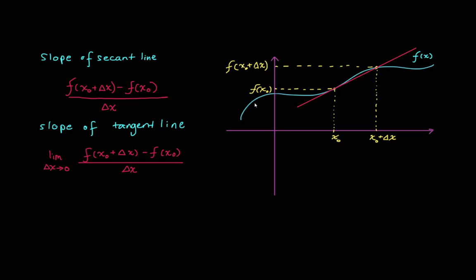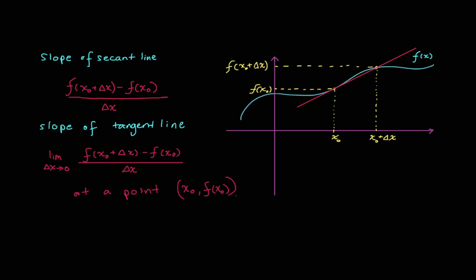This is the slope of the tangent line specifically at a point that we have called x0, f of x0.